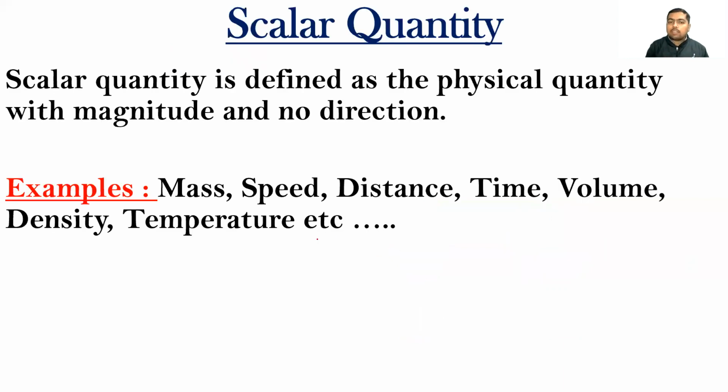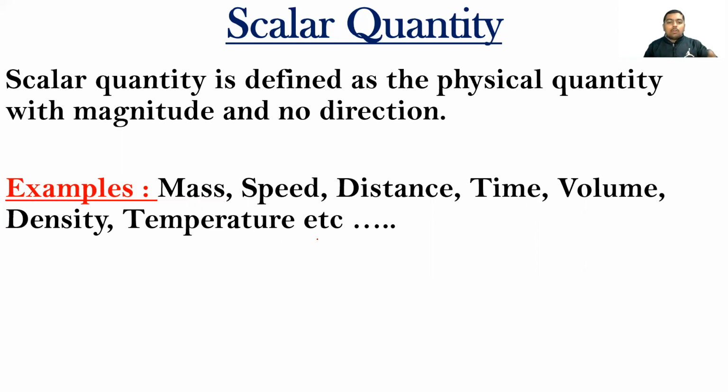Now we will talk about the scalar quantity or vector quantity. What is the scalar or vector? Simply, the physical quantities which are completely defined by only their magnitude are called scalar, and there is no need to define direction of these quantities. For example, when you go to a general store and ask for 1 kg of sugar, what do you tell?